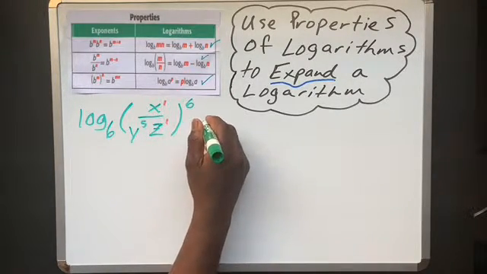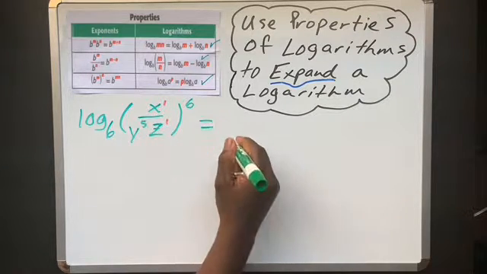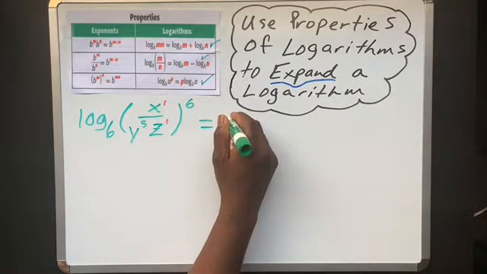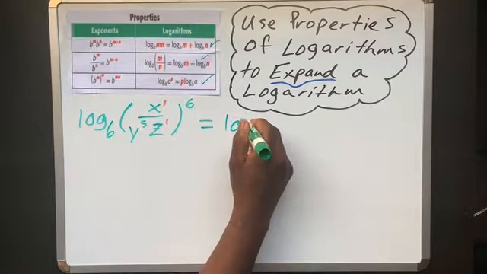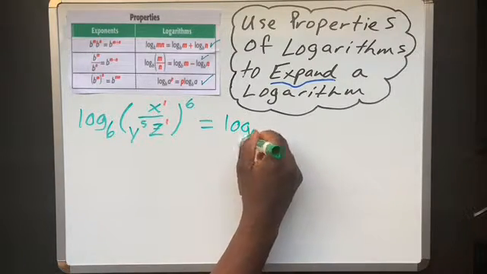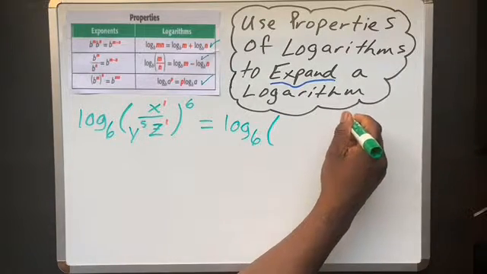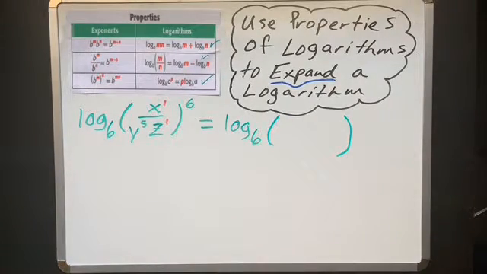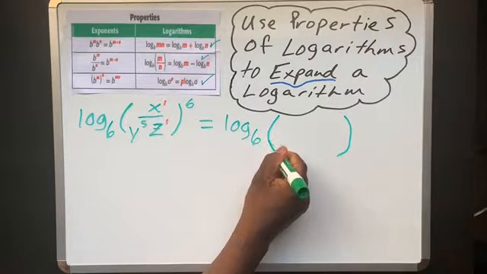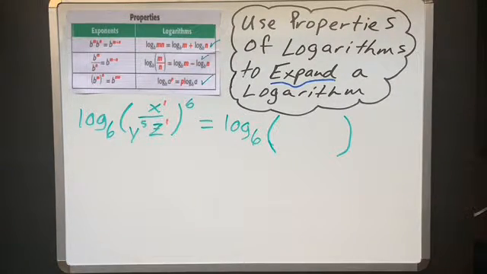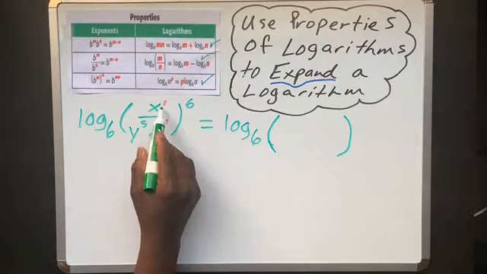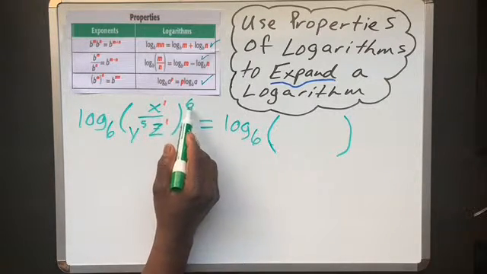So let's first go ahead and simplify that. Rewrite it. So we're going to get log base 6, okay? And then we have x to the 1 raised to the 6.